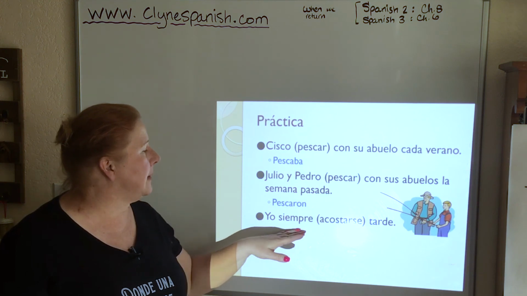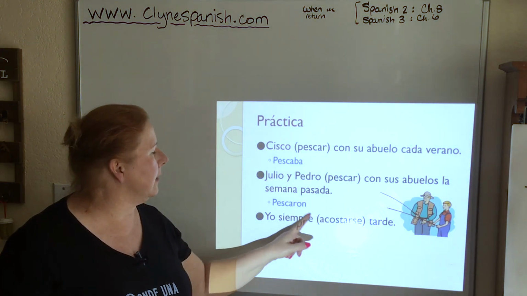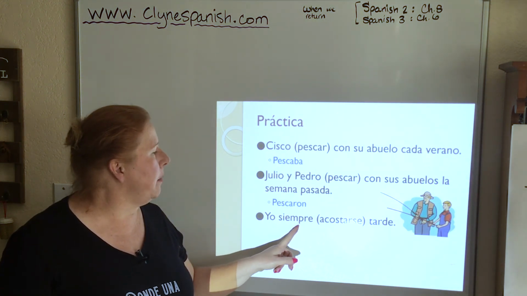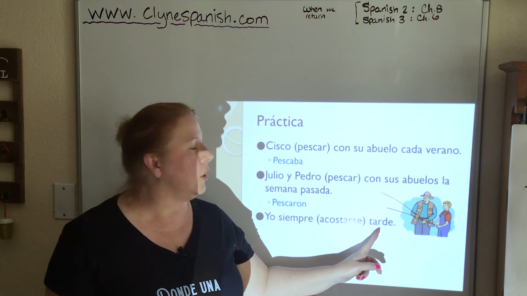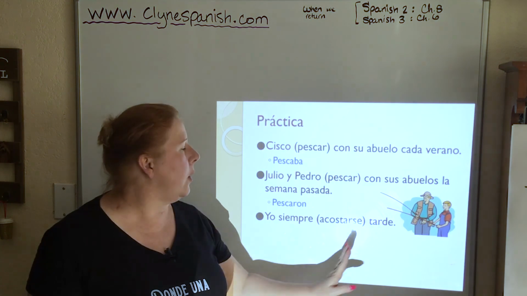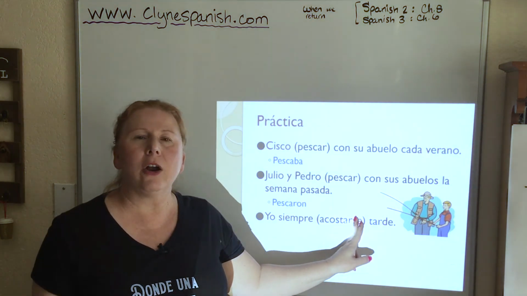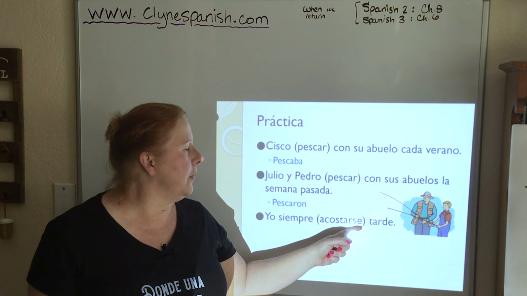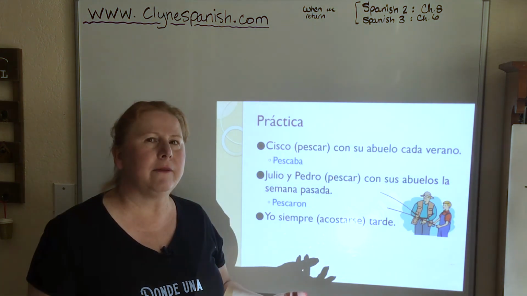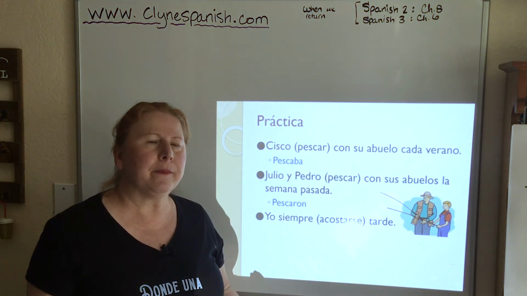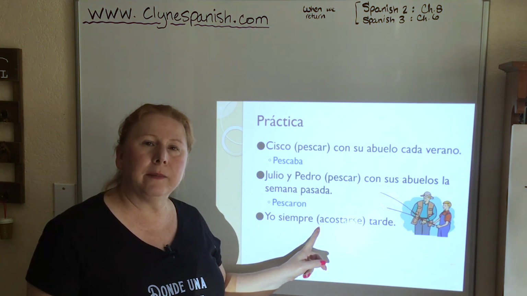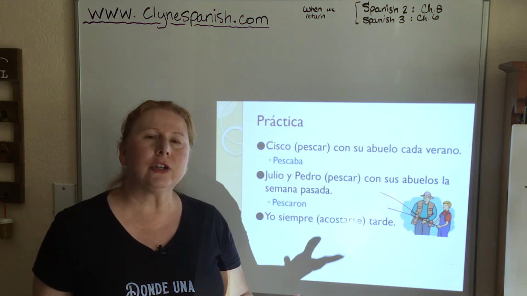And then yo siempre, look at the key word there. Siempre means what? Always, right? So yo siempre, tarde is late. Look what kind of verb this says. This is a reflexive verb. We know that all verbs in Spanish end in AR, ER, and IR. There are verbs where we add an SE to the end, and I'll be talking about those in a separate video. This is a reflexive verb. That means we take off the SE and we put it in front of the verb, and then we conjugate the verb because the action is reflexive.